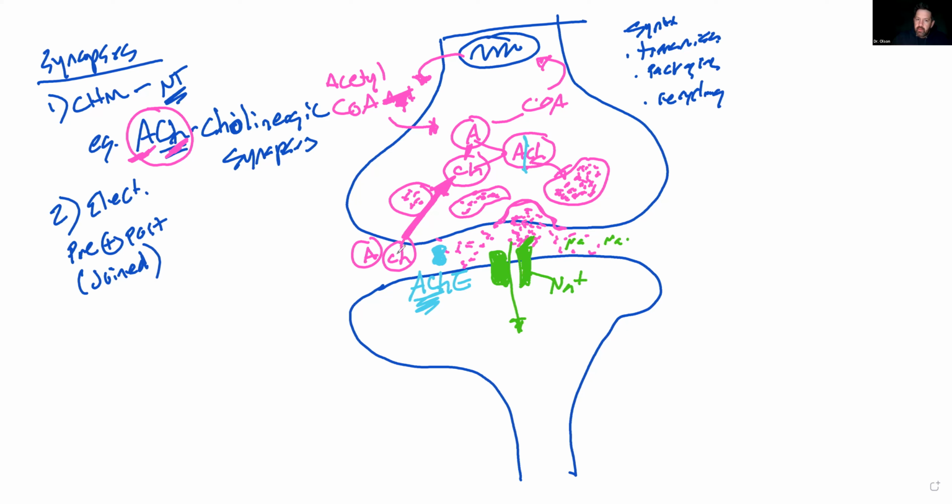Then the choline is recycled, taken back into the presynaptic terminal, and conjoined with another piece of acetyl to form a new acetylcholine molecule, and the cycle continues.